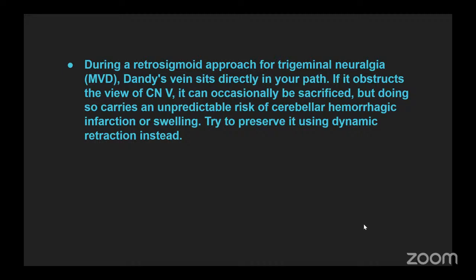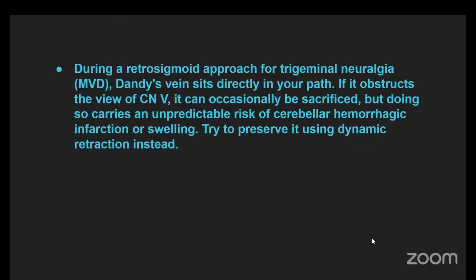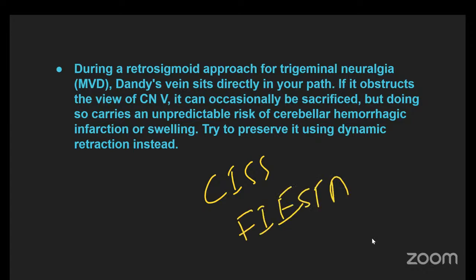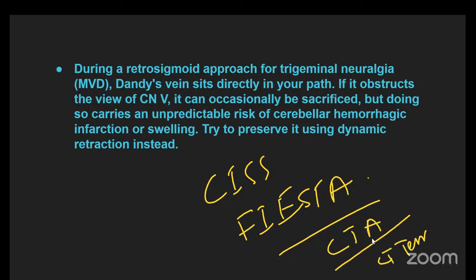And how do we know what investigations to get before proceeding for a retrosigmoid approach? Ideally you should have a CISS or FIESTA sequence, and sometimes if you find any anatomical variation in these, then it's wise to get a CTA, and then you would need a CT temporal bone.